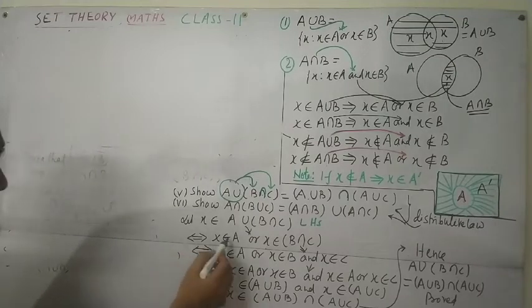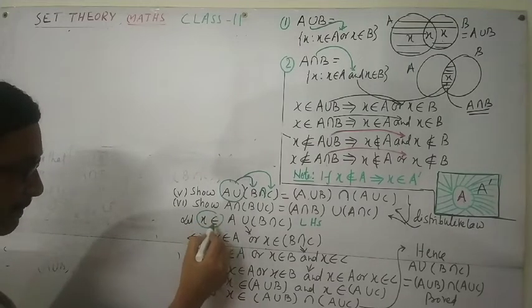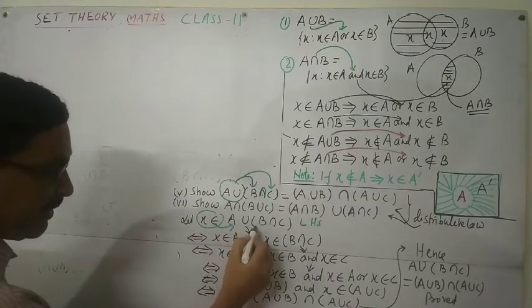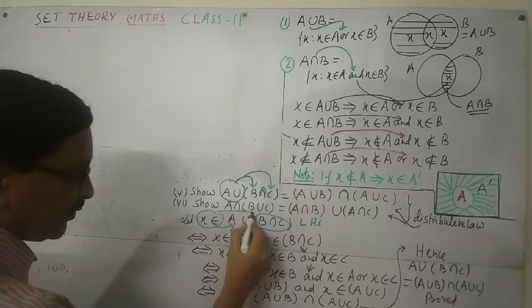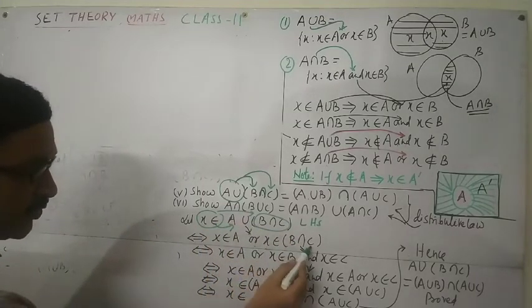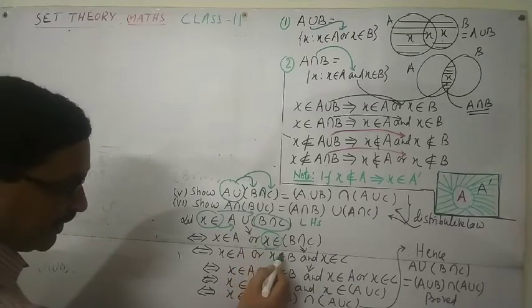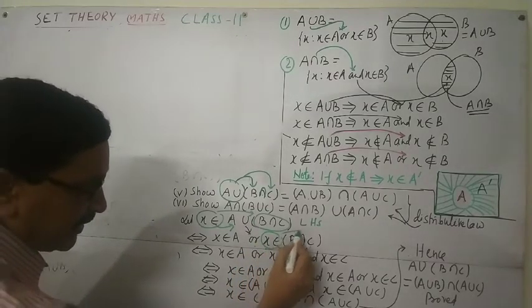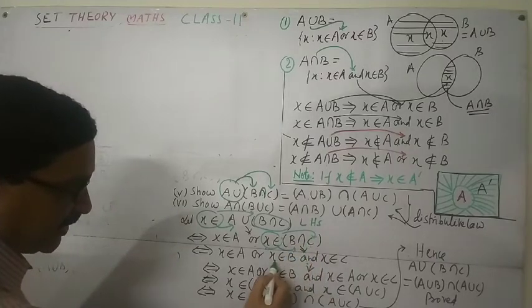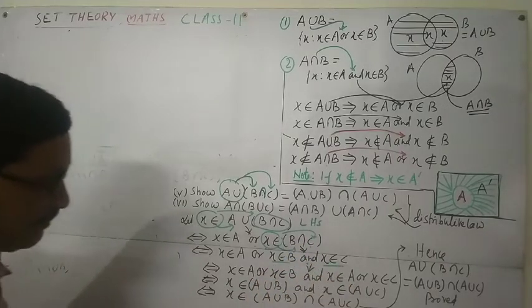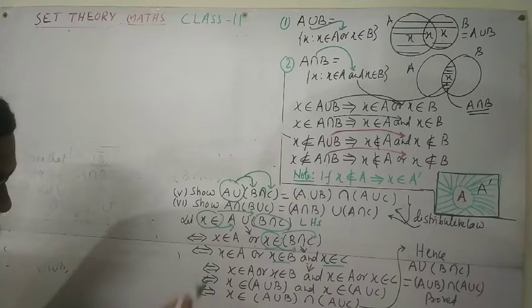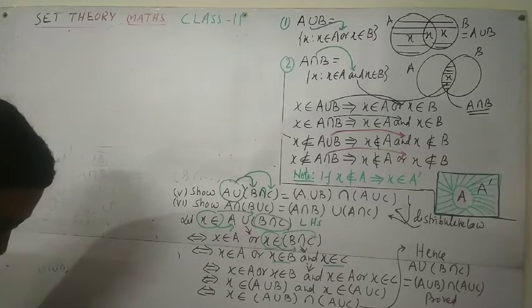Now x belongs to A, एक बार इसके साथ और एक बार इसके साथ. Union means or, x belongs to this. Now breaking this, x belongs to B, x belongs to C, and this is and. So x belongs to B, x belongs to C. Now just see, be careful here.